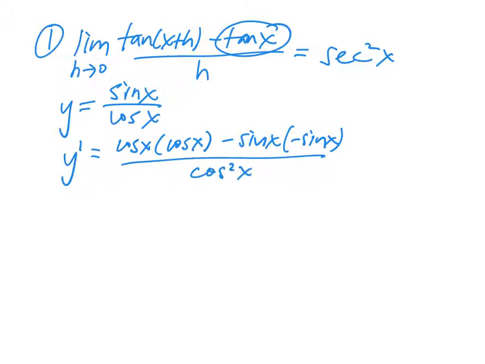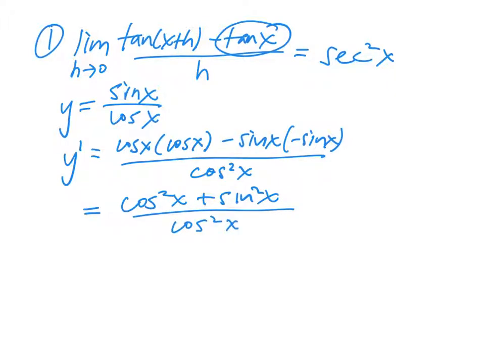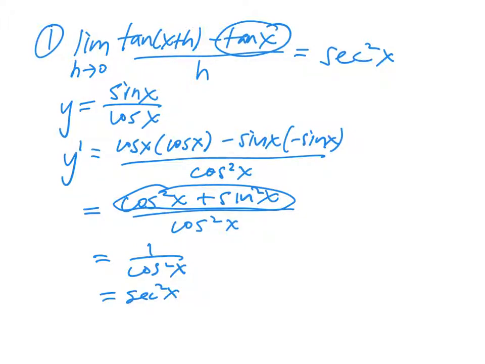And then that's going to be cosine squared x plus sine squared x all over cosine squared x. And then the numerator, that's 1. And that's how you get secant squared x. So it kind of pays to remember things.